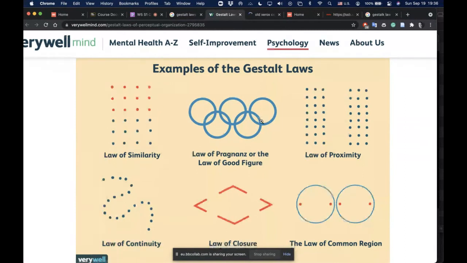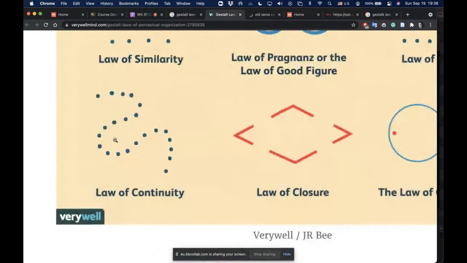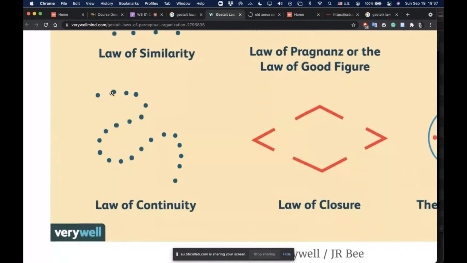And there's another one called the law of continuity, where our brain will think this is a connected object, like a string, even though you can also say these are just dots that happen to be aligned.